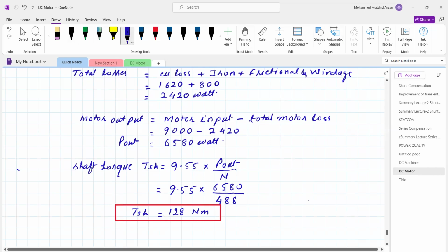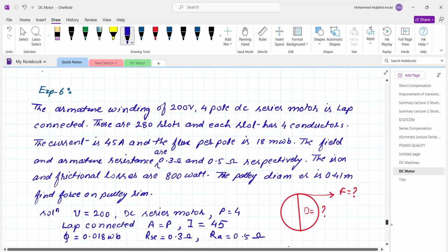Now we want to calculate the tangential force and the diameter. So torque is equal to force into radius, or radial distance.